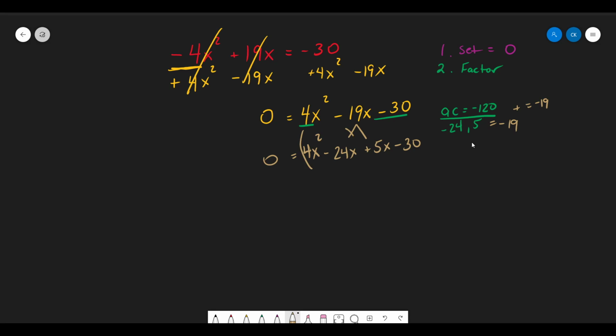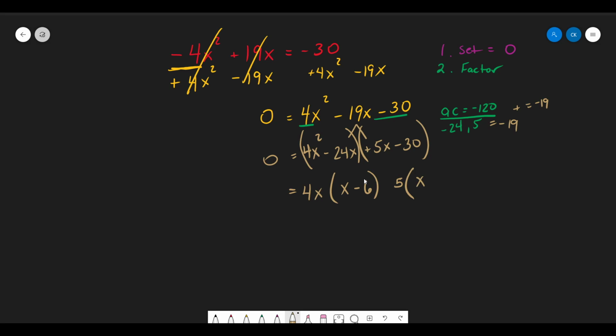And now I can factor this by grouping. In the first set of parentheses, the GCF here is going to be a 4x. When I factor out a 4x, I'm going to be left with x minus 6. In the second set of parentheses, the GCF here is going to be 5.